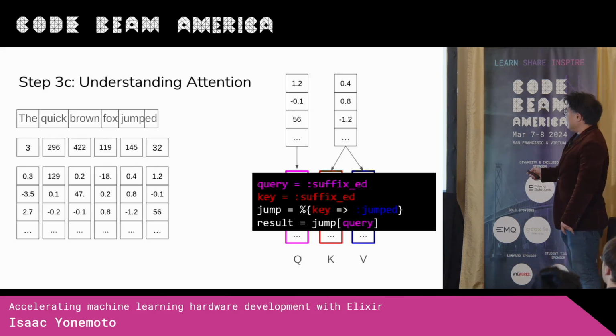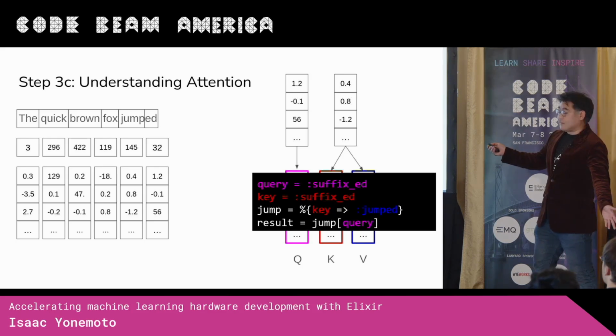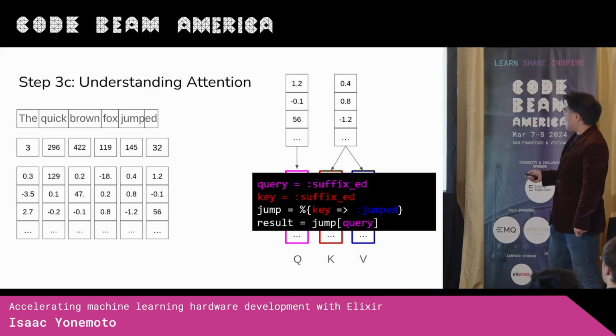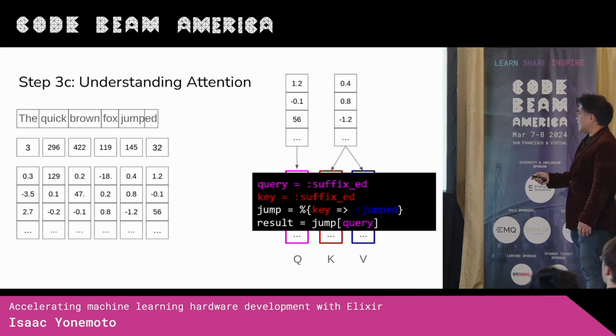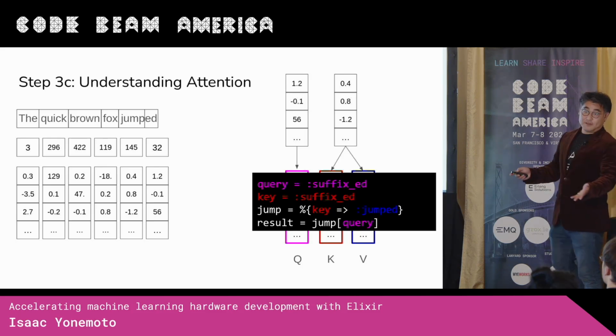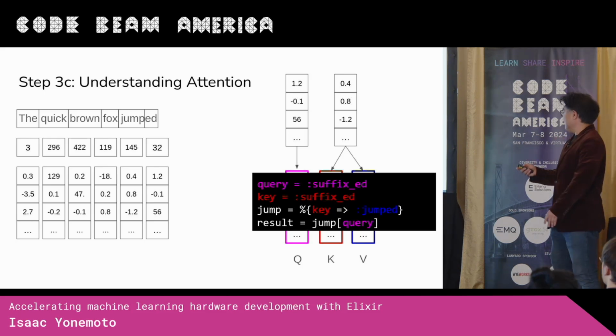Now our key that's created by the previous one has a part that says, I've got suffix ed in here, and the word jump is like a hash table with a bunch of different keys. If I present the suffix ed query against it, I'm going to get jumped, the idea of a past tense jump. So the result of this transformation is doing the hash table lookup of query against this jump concept. Does that make sense? Okay.